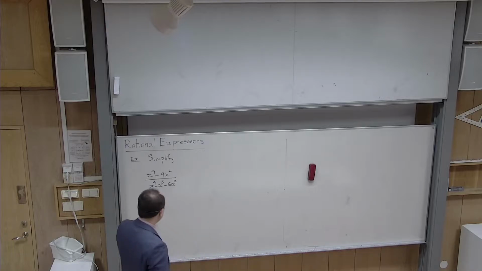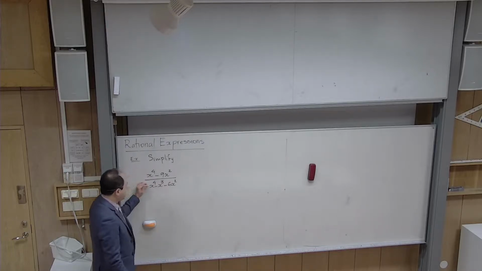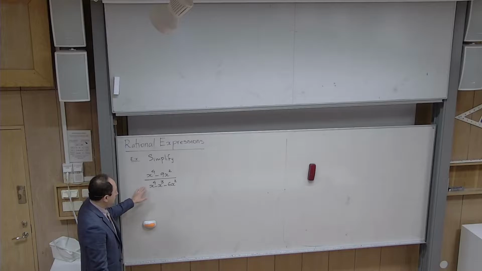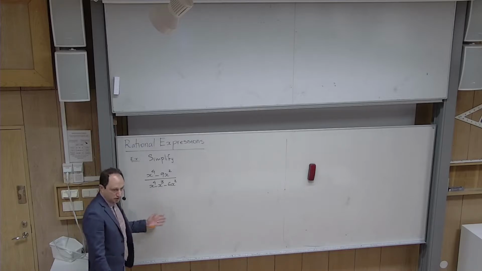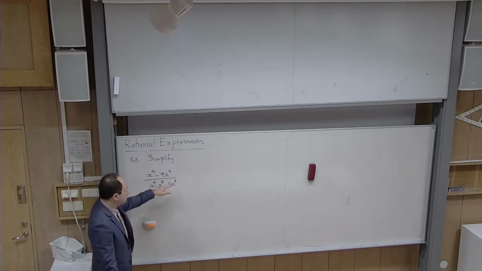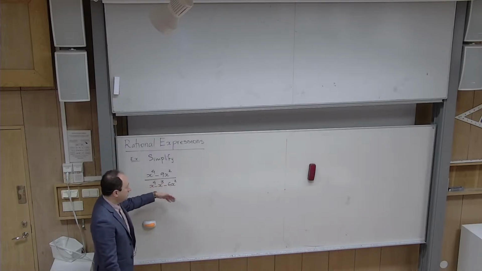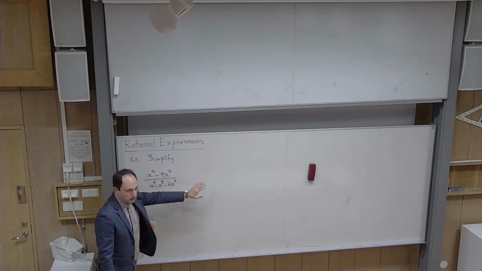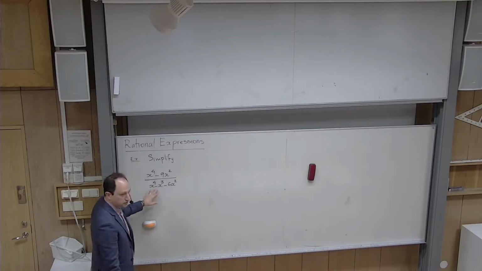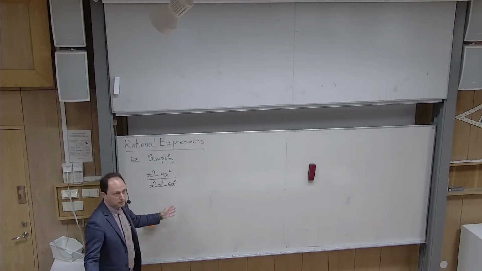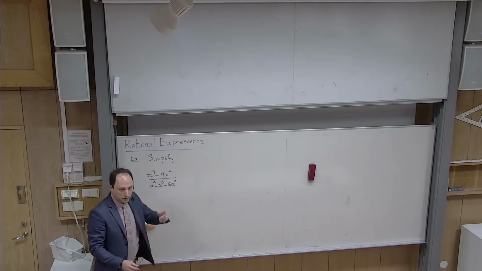It's a rational expression because it's a fraction and its numerator and denominators are polynomials. Okay, so the first thing that comes to mind is to factorize the numerator and the denominator. If possible, do them in parallel. But if the problem is hard enough, you can start factorizing the numerator and finish it separately, and do the factorization for the denominator, and then transfer them into one single fraction and simplify.